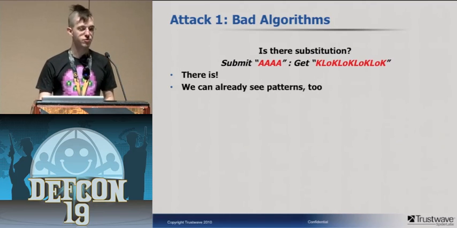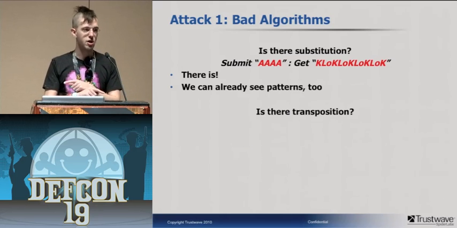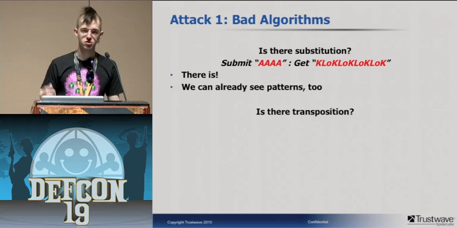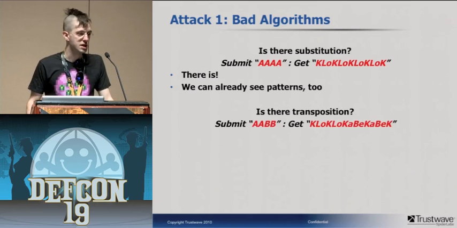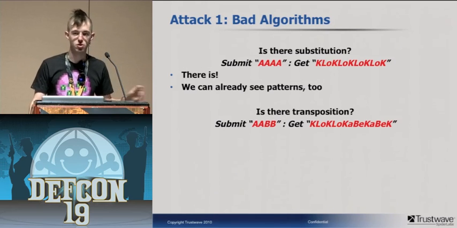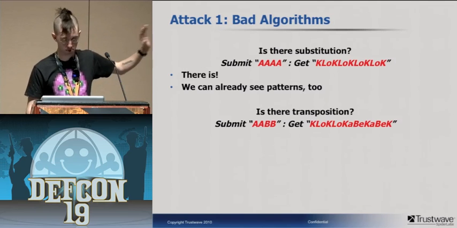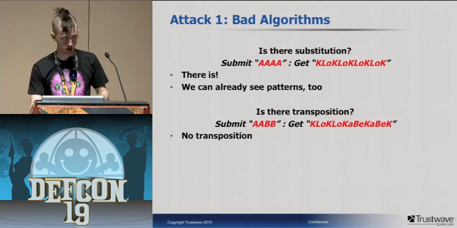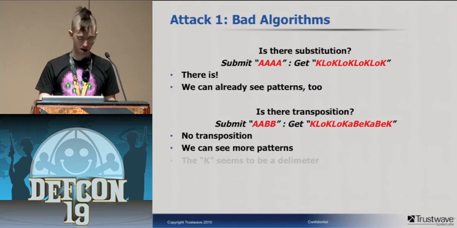So the next thing we're looking for is if there's transposition, if characters are being switched around before or after the substitution occurs. So we'll submit AABB, and we see something similar to what we saw last time. And you can already start to see patterns in this very quickly. So there doesn't seem to be any transposition, and we can see more patterns.